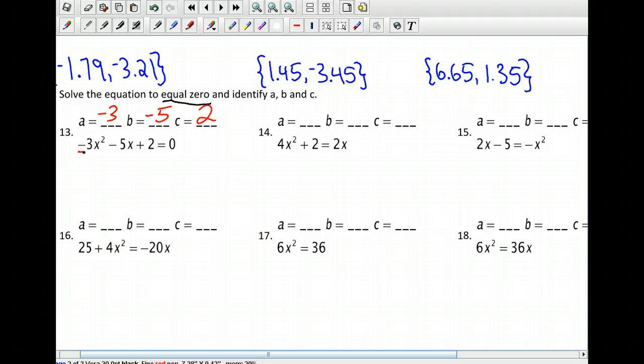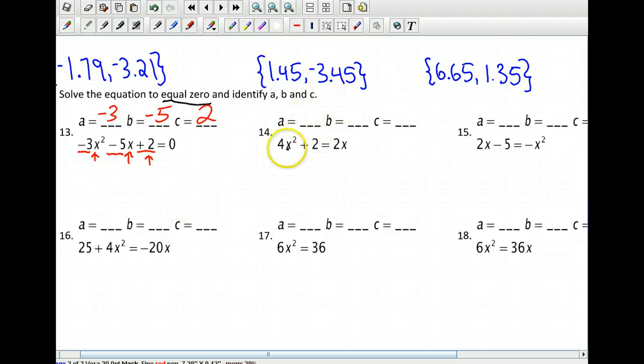So we just have to identify A, the number in front of the square term, B, -5, from the linear term, which is the x, and C, the number that's by itself, the constant, equal to 0.